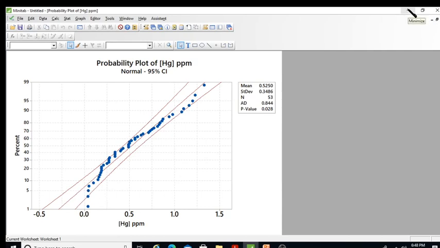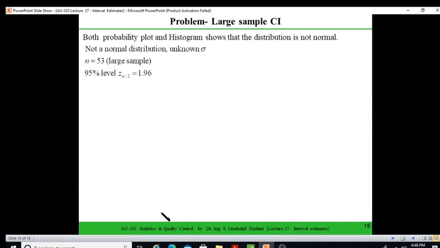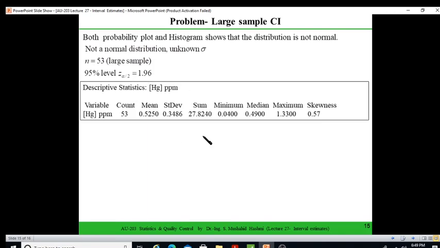But even though it's not a normal distribution, we will use this one-sample Z test to estimate the confidence interval for its mean, because the sigma is unknown but the sample size is large. At the 95% level the critical value is 1.96. From the descriptive statistics you can see its mean value, standard deviation, and minimum and maximum value of this particular concentration of mercury.